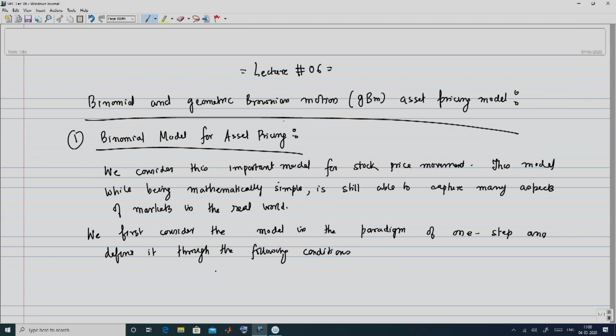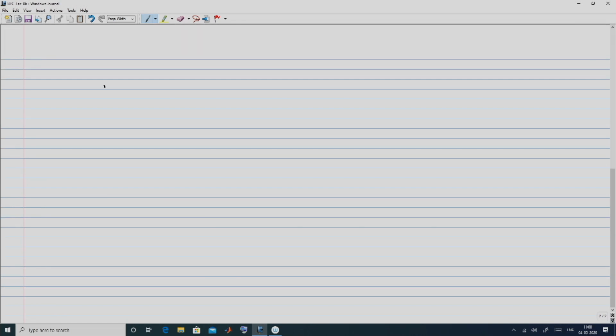So, before I start with the conditions, let me just say that we will look at some time points 0, 1, 2 and so on. These are just the indices for the different time points. So, we start looking at the first condition. The one step return K_n on a stock S. So, what do we mean by return?